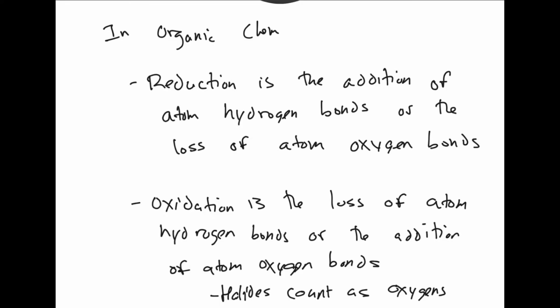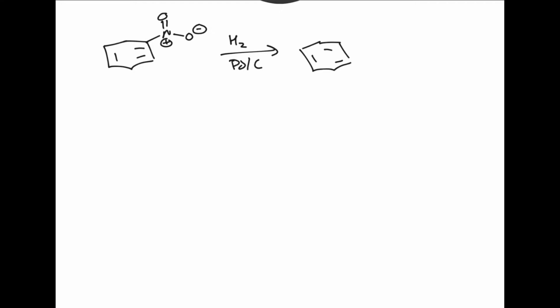So for the thing that we already know, let's look at our nitrobenzene. So we look at our nitrogen here. How many oxygen bonds are there in nitrobenzene to the nitrogen?